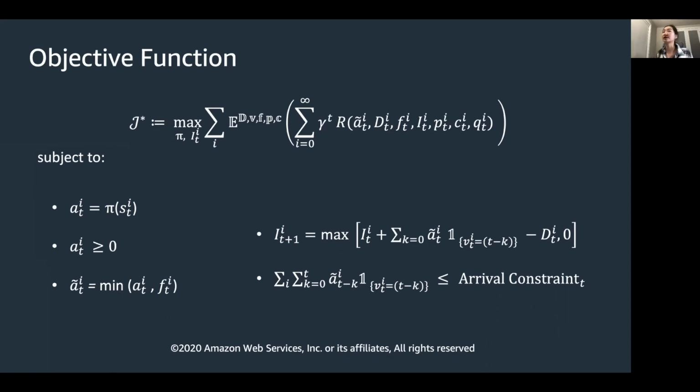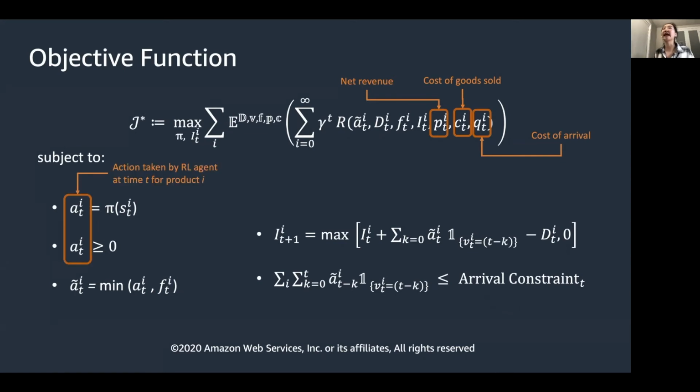Once the reward function is defined in the MDP, it's natural to have the objective function as the expected cumulative reward. And just to have a quick recap, P here is the net revenue, C_t is the cost of goods sold, and Q_t is the cost of arrival. And also we do have certain constraints here. First of all, A_t^i corresponds to the action taken by our agent at time t for product i.